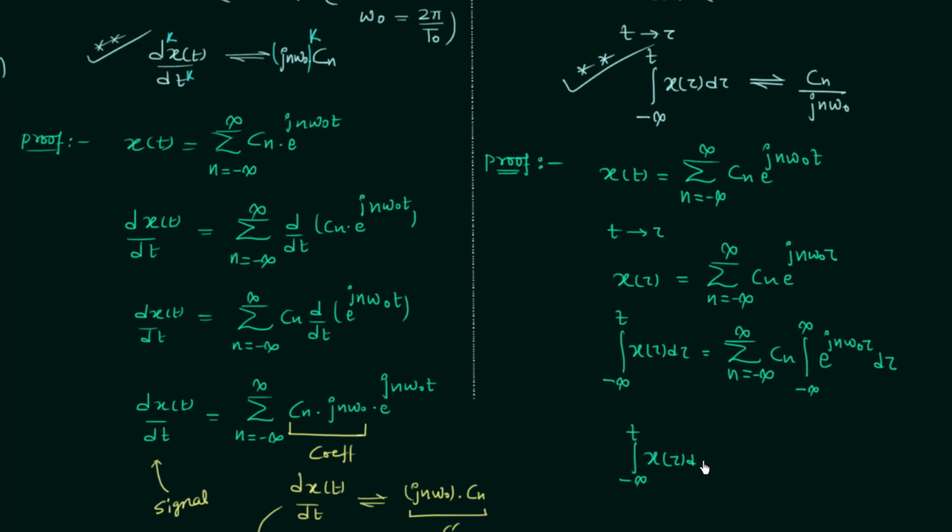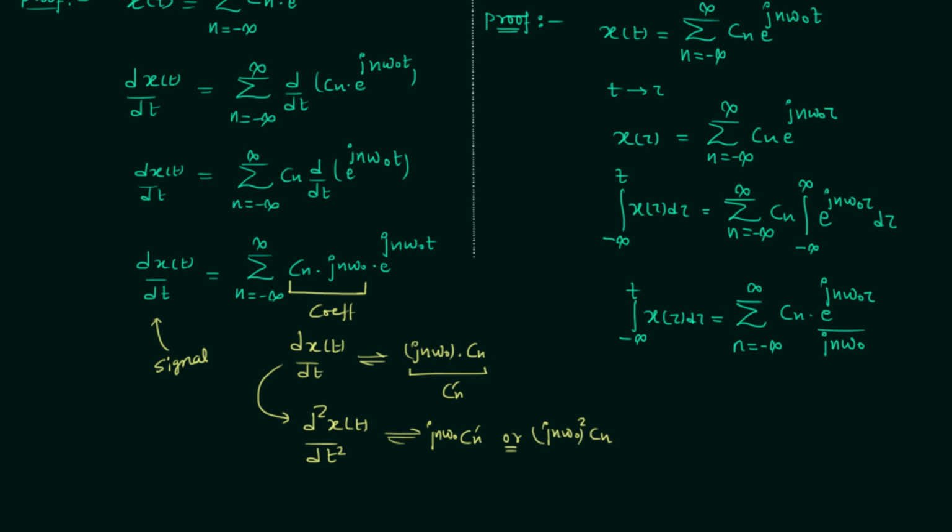Integration of signal x(tau) d tau from minus infinity to t on the left hand side will be equal to summation n equal to minus infinity to infinity Cn multiplied by e power jn omega naught tau divided by jn omega naught. So this is what we have on the right hand side, and again we will compare it with the standard Fourier series expansion.